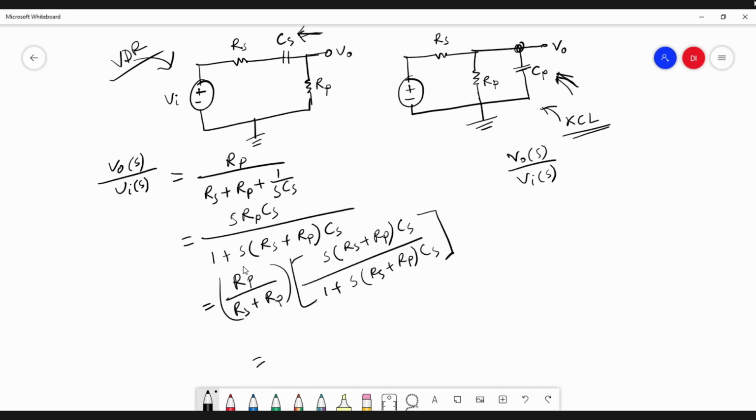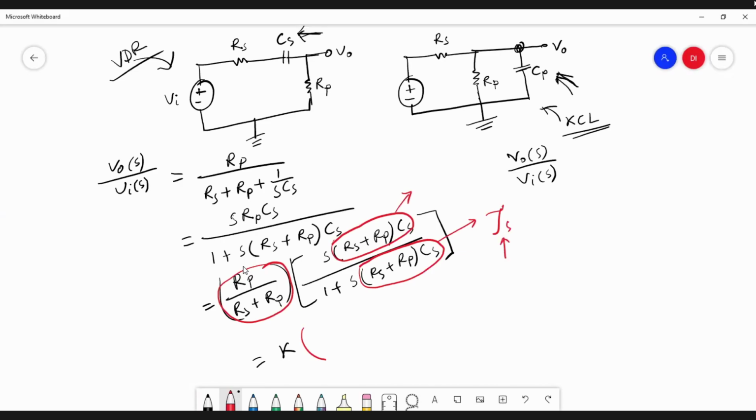Then we can define another term. This term we can consider as a constant K, and then this Rs plus Rp Cs can be denoted as tau s.